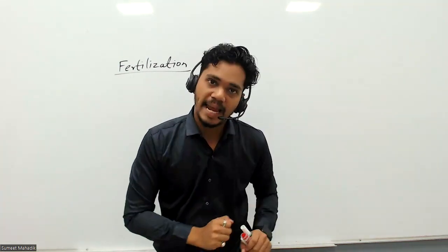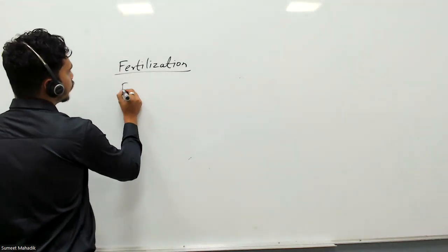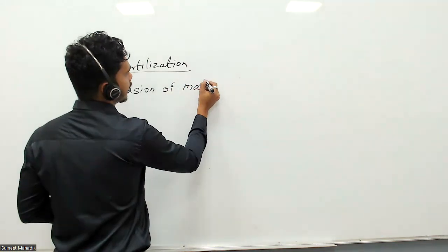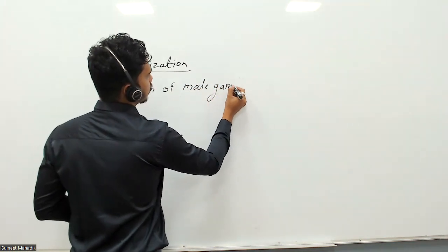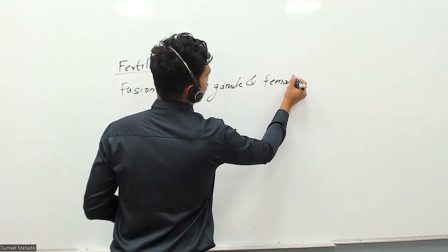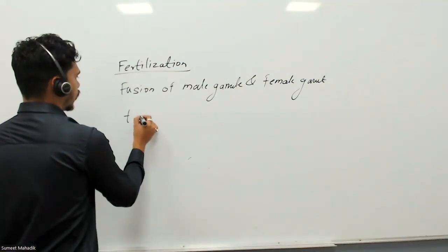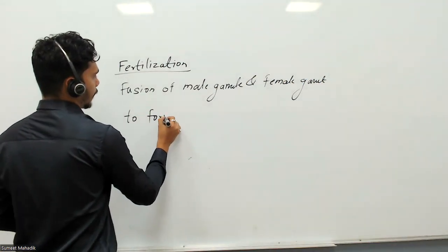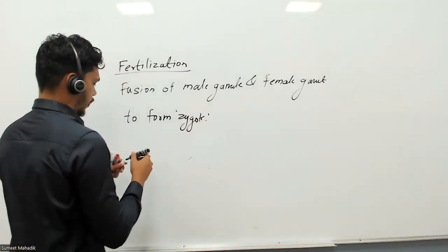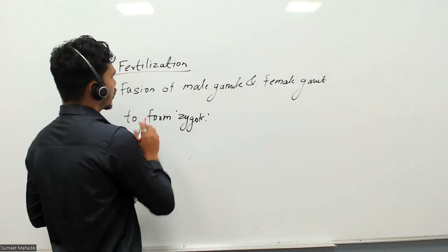Fertilization is the fusion of the male gamete and the female gamete to form a zygote. Which zygote is here? Here is a seed we're going to talk about. So the fusion of the male gametophyte and female gametophyte is fertilization.